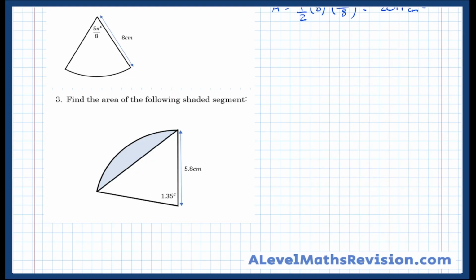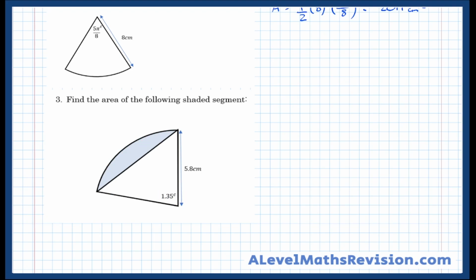Right, so find the area of the following shaded segment. You might want to do this yourself, and I'll give you a clue. It's going to use some of the triangle rules. So find the area of the following shaded segment. Well, let's find the area of the full sector first of all, this full thing here.